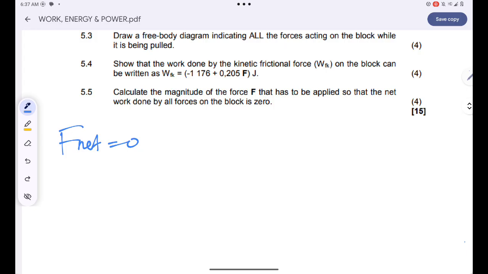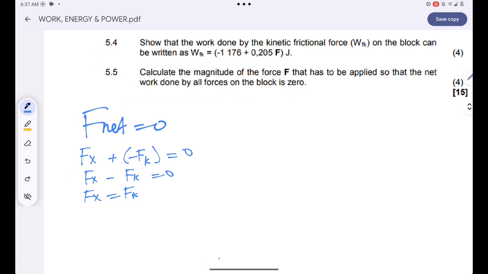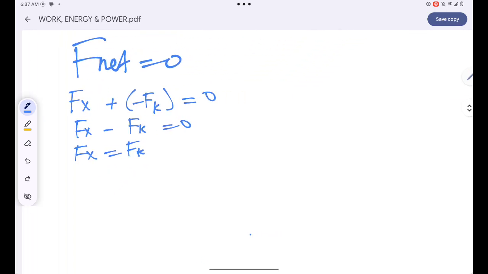So that's why the horizontal component Fx will be positive, plus a negative frictional force, has to give us 0. So Fx minus frictional force is 0. Then Fx is equal to the frictional force. But remember that I told you the horizontal component is equal to F multiplied by cos of 20 degrees. And then this is equal to the frictional force.